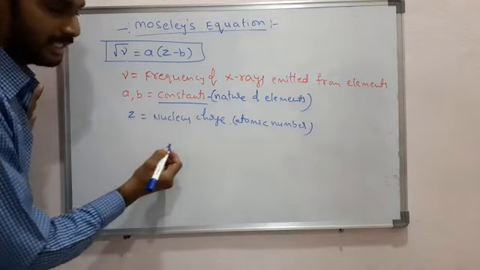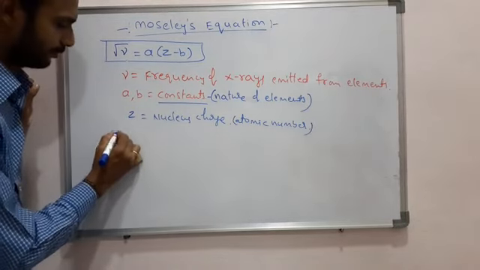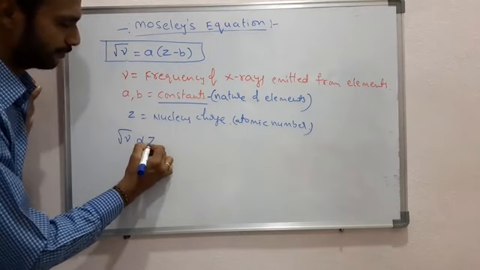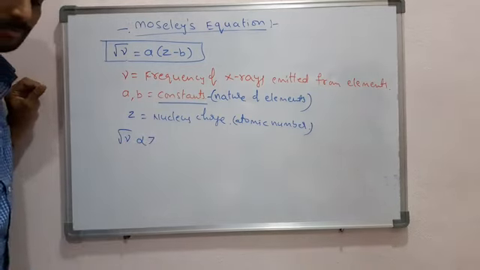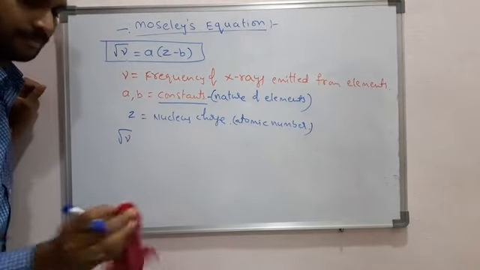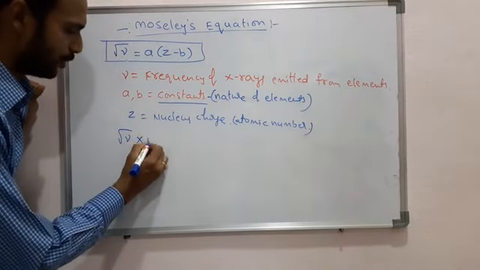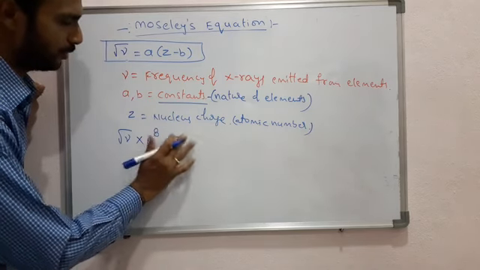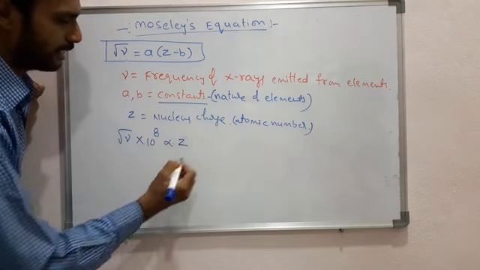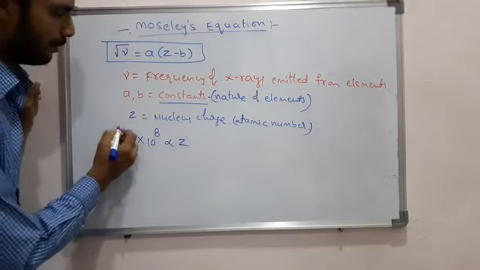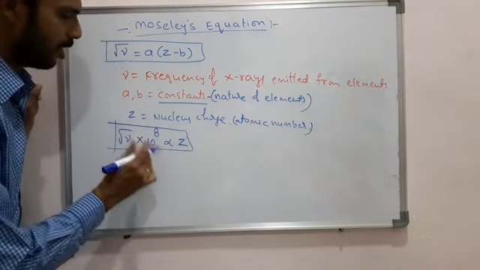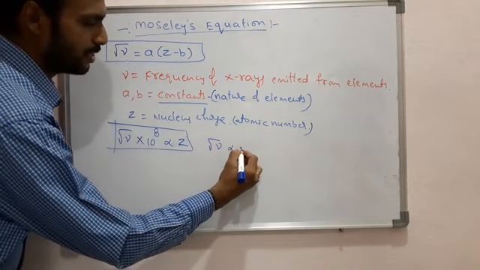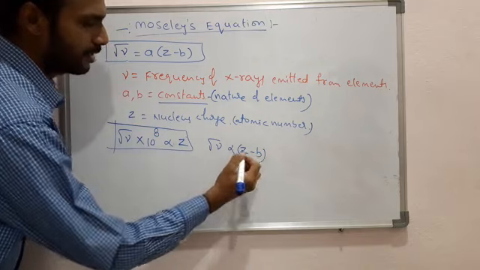It is also stated that root nu is proportional to Z, but mostly it is modified as root nu proportional to Z minus b.